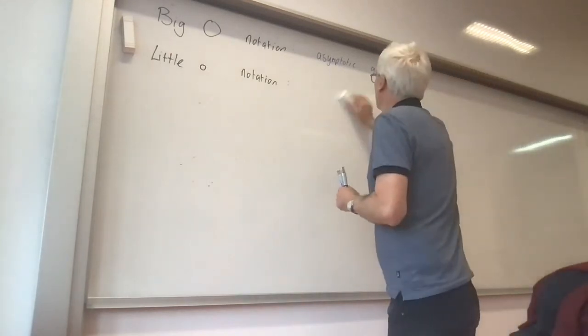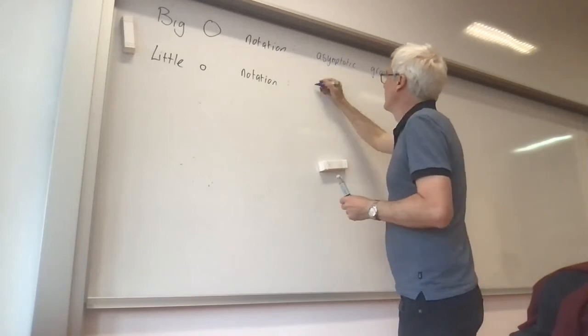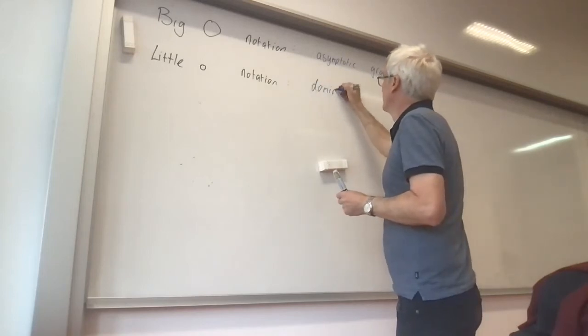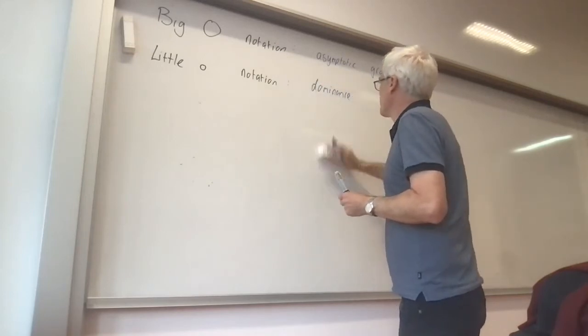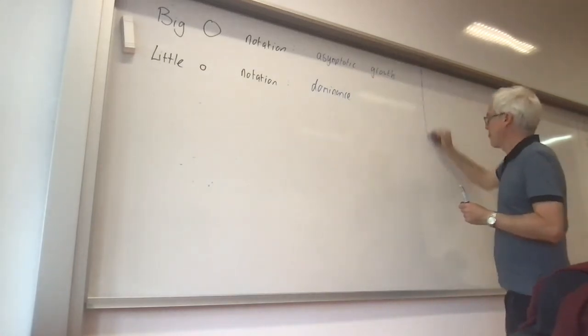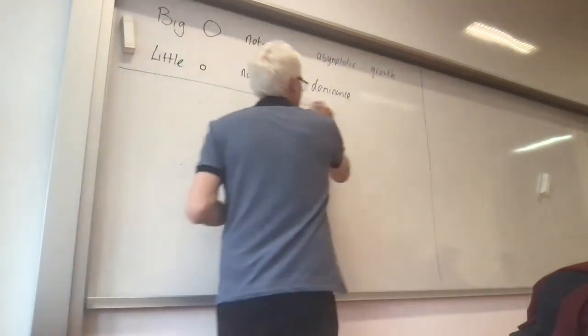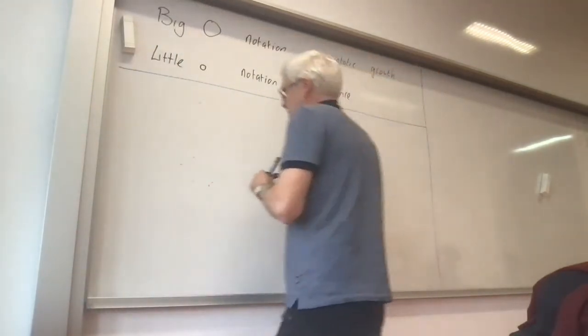Although these are both ways of measuring asymptotic growth, let's call this dominance little o notation. We'll come to it in a moment. The big O notation is really going to be the most important.